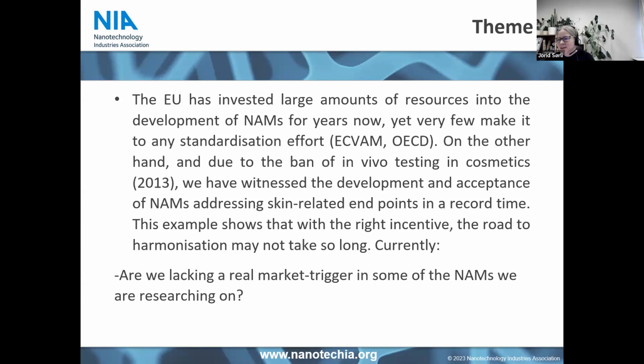We are still discussing where to start, which part of the lungs we want to look at, which part we are going to recreate, whether we are going to test every single part, whether we are looking for the effects that we see from inhalation on the lungs, or whether we want to focus on what we have done so far with the animal methods to look at systemic effects.